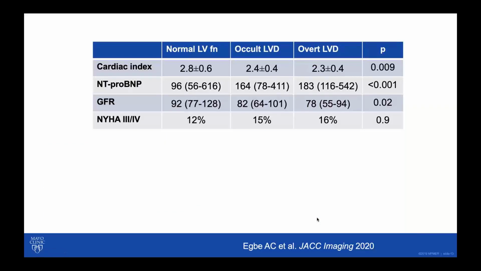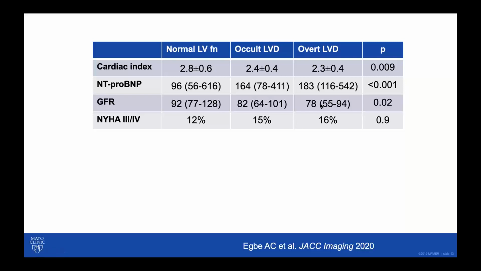So we compared the hemodynamics between the 3 groups. The normal group had near normal cardiac index, NT-proBNP as a measure of volume status and venous congestion was a bit elevated, and GFR was normal. If you look at the overt group, the cardiac index is lower, there is more evidence of volume overload, and more renal dysfunction.